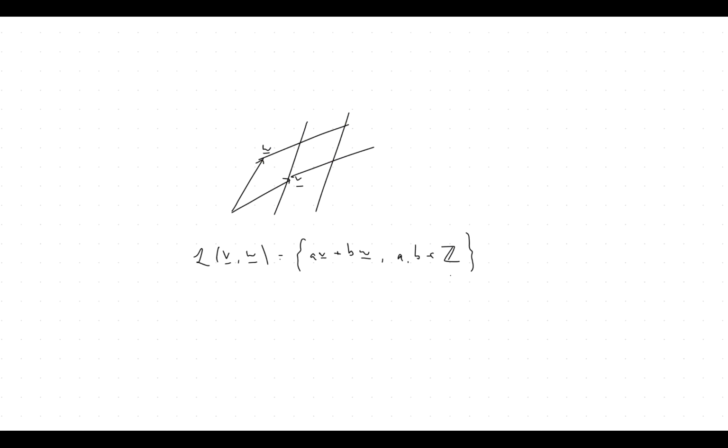One question we can ask is, when does this region contain a lattice point? It seems like if you increase the area of your region, then you're more likely to contain a lattice point, and if the area is smaller, then you're less likely to contain one. So is this true in general?